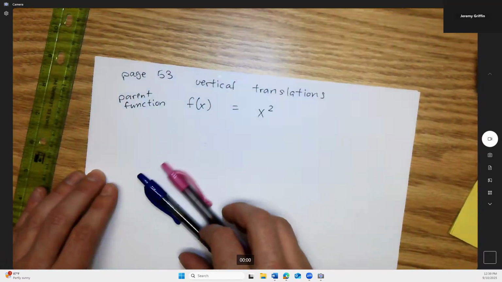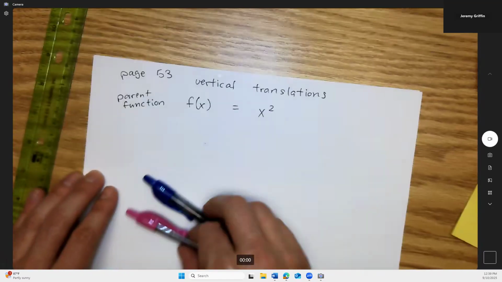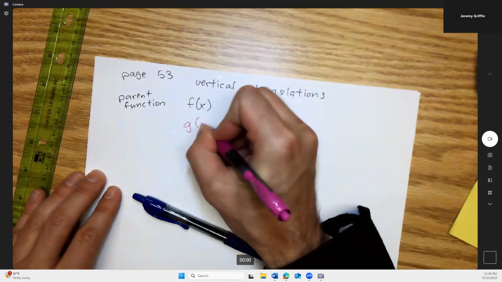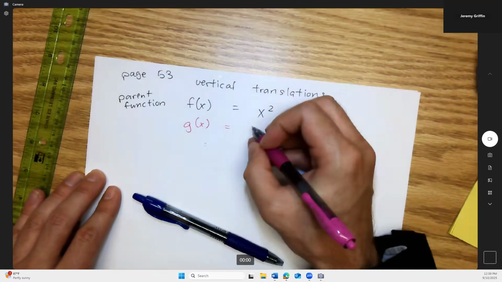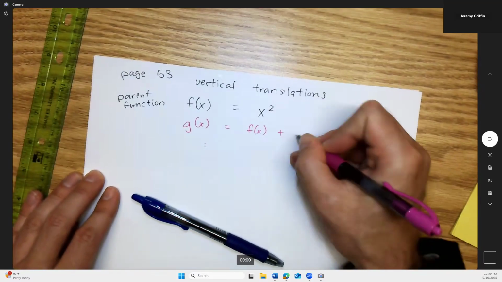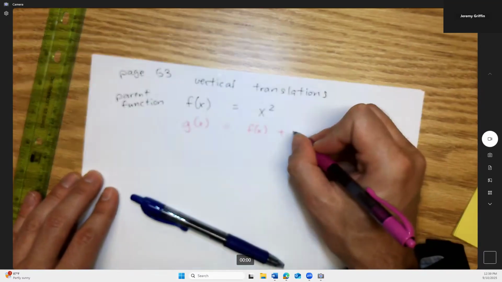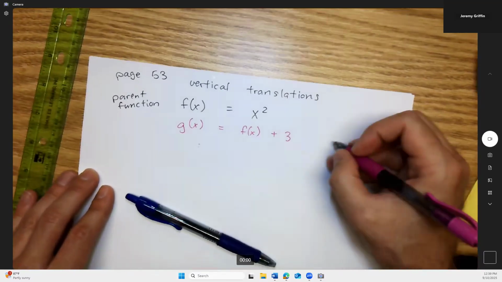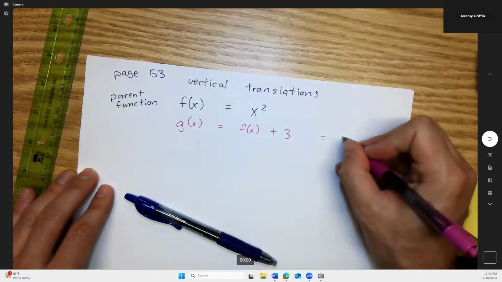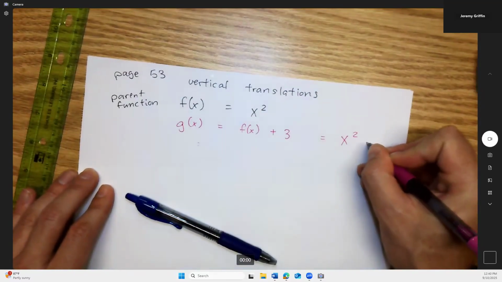So here, 2 different ink colors. Let's go pink, we'll do g of x. Okay. Let's make that f of x, and then we'll do plus 3. Right? Or you might see it this way. If this is f of x, wouldn't that just be plain x squared and then plus 3, like that?